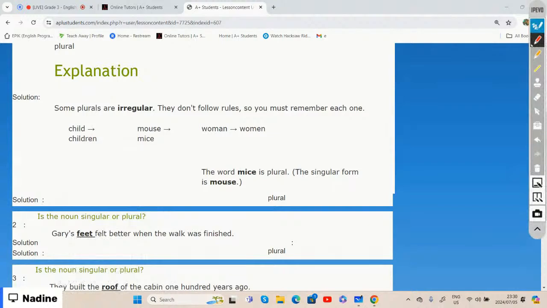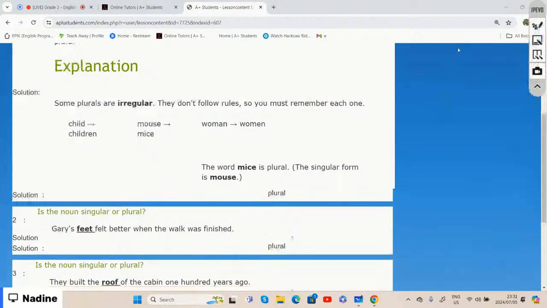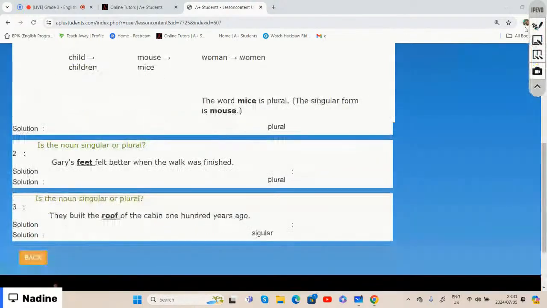Roof refers to one roof, which means that it is singular. The roof is singular. So well done.